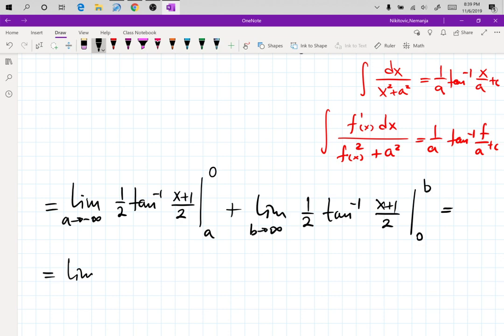So limit as a goes to negative infinity. We can kick 1/2 outside, so we don't have to mess with it.